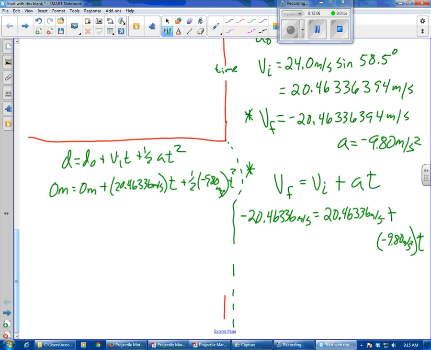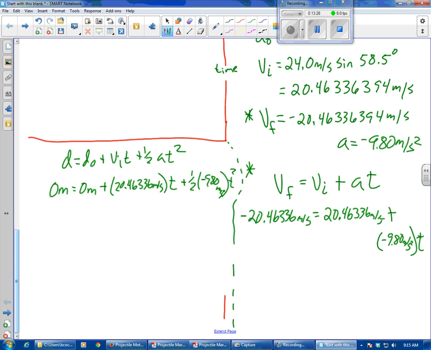Looks complicated, right? Because you got extra T's. What if I divided every term by T? What's 0 divided by T? 0. And this whole thing divided by T? The T disappears, right? And here, one of the squared does.